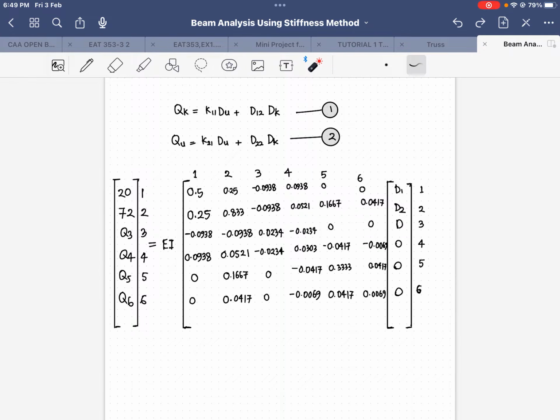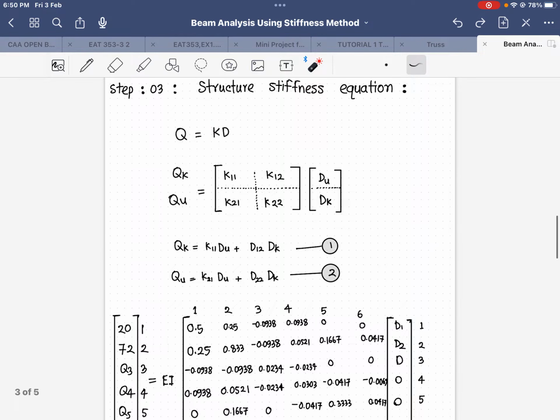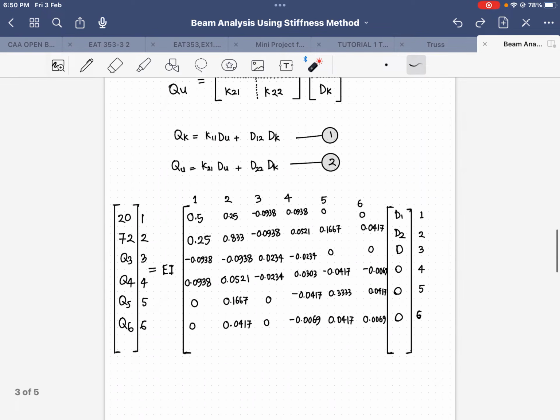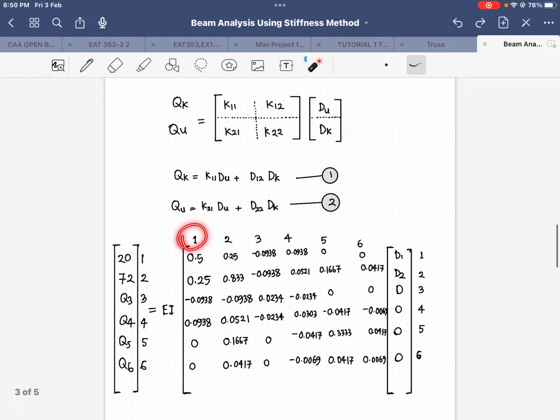I have known external loads for two cases, Q1 and Q2. And the others are Q3, Q4, Q5 and Q6. These external loads we don't have, so we have to find them also. Then I have the EI, so I put the EI here from the formula. And then we have a total of 6 codes: 1, 2, 3, 4, 5, 6.